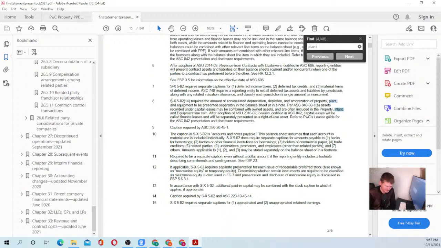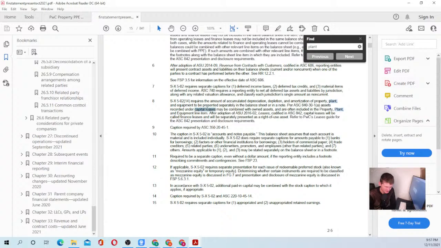Okay, we have some pieces of information related to disclosure requirements, in particular for publicly traded companies. SEC requires the amount of accumulated depreciation, depletion, and amortization of PP&E to be presented separately in the balance sheet or in a note.